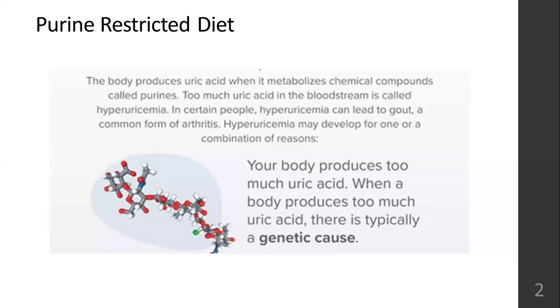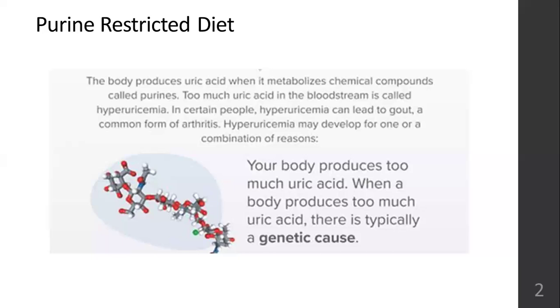It's a form of arthritis. It happens in your joints, gout. This hyperuricemia can develop because of a combination of reasons. Either your body is producing too much uric acid, and usually there is a genetic reason behind it.